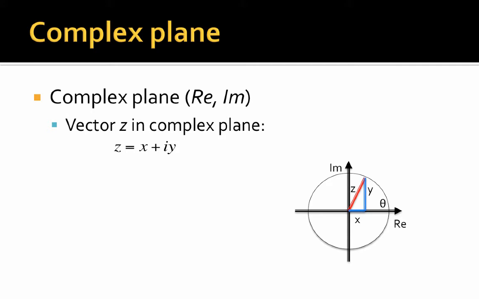So it's like writing a vector where we would use the vector components x and y, except here we have the I in addition to tell us that we need to plot it along the y-axis. Now take a look and you'll see that the x variable is actually equal to r cosine theta, and the y variable is equal to r sine theta.